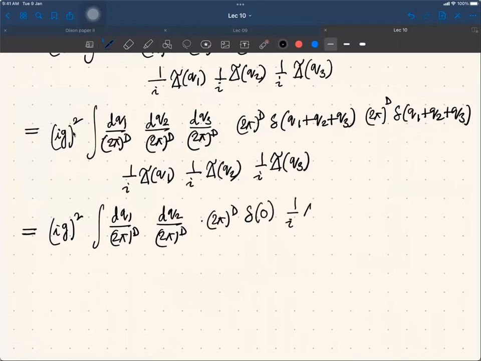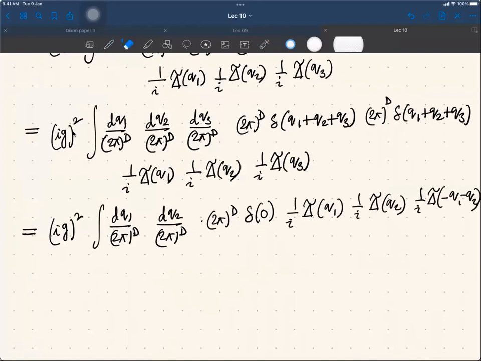Then 1 over i delta tilde q1, 1 over i delta tilde q2, 1 over i delta tilde of minus q1 minus q2, which is the same as q1 plus q2, because delta tilde is an even function of q, right?